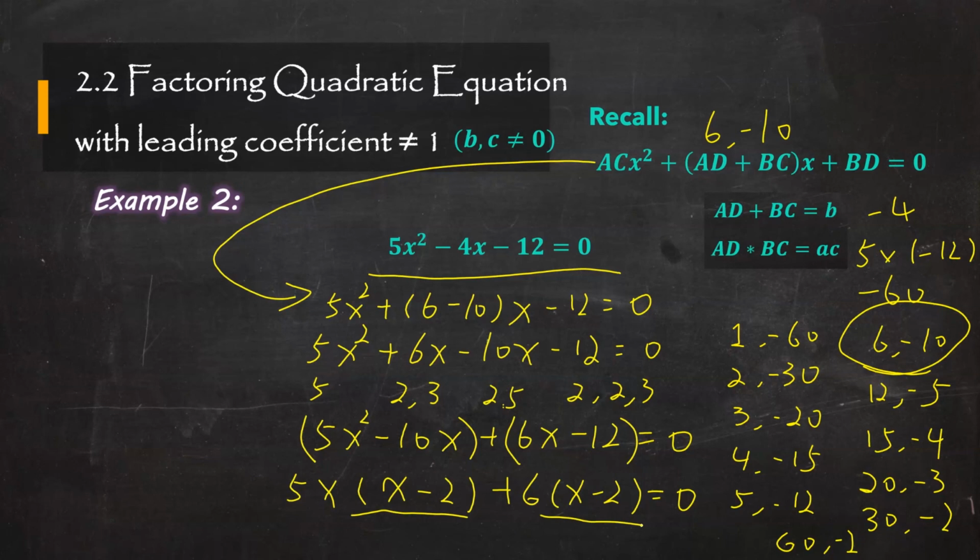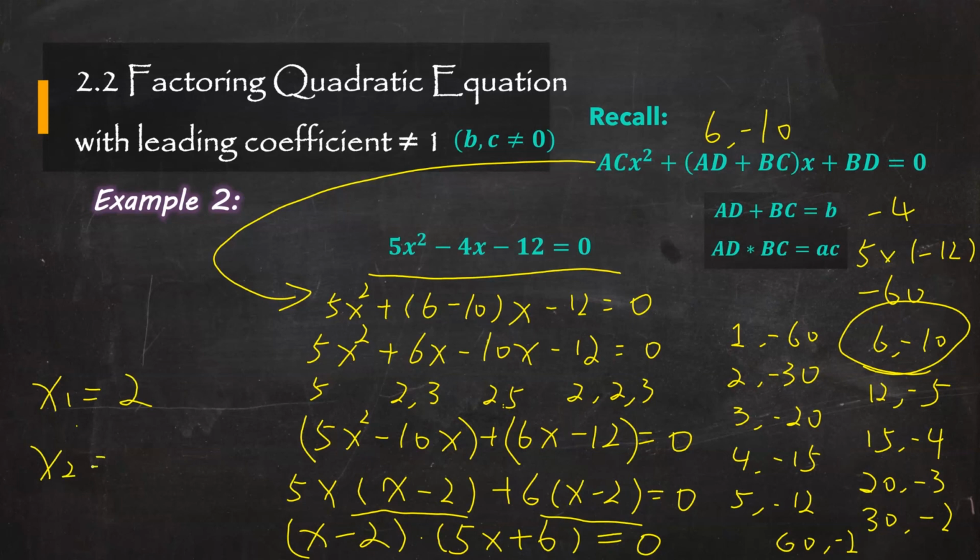So now we have x minus 2 times 5x plus 6 equals 0. So our first solution is going to be x equals 2. And our second solution is going to be negative 6 over 5. So now you may have a better understanding of how to solve the third case here. So follow all 3 steps and you're good to go.